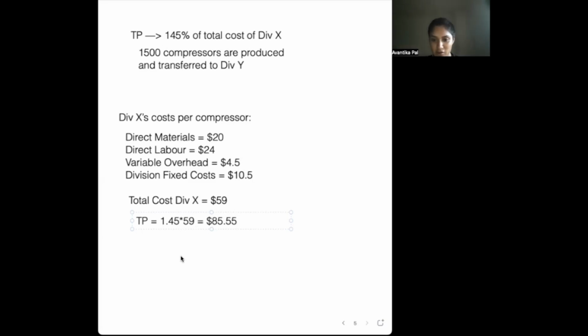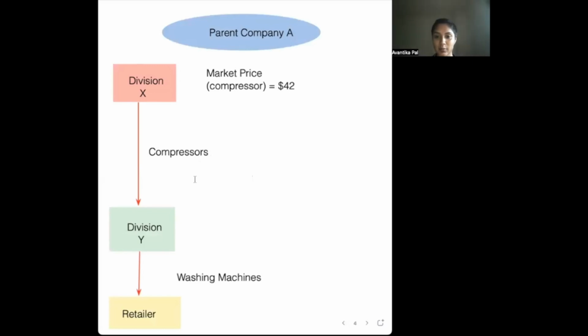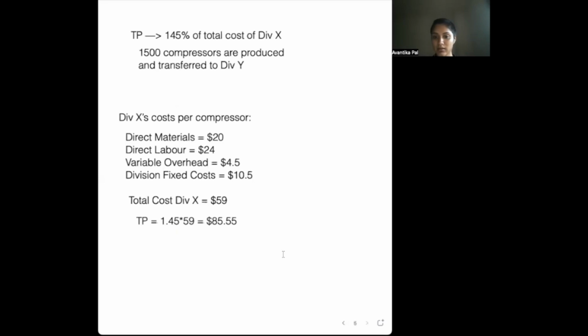So that is your transfer price. And remember, because X is selling the compressors to Division Y, this transfer price is recorded as a revenue. So this would be recorded as a revenue for Division X.